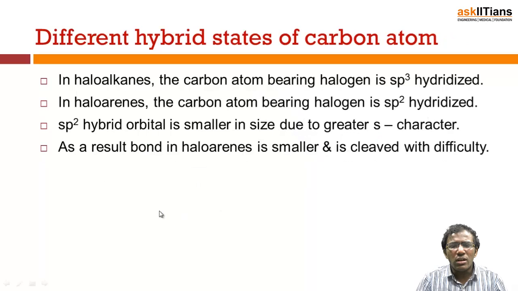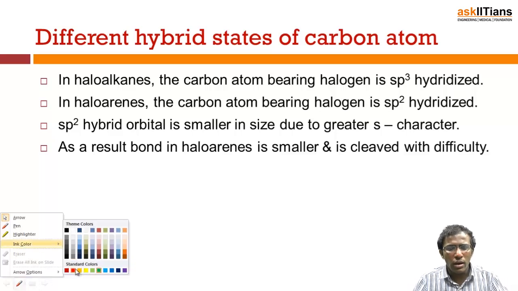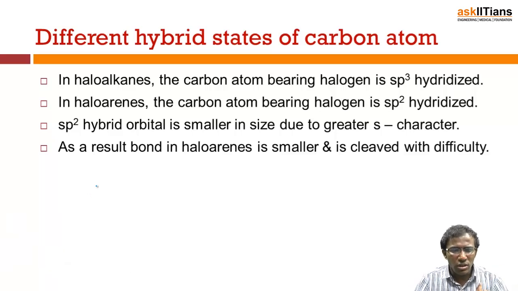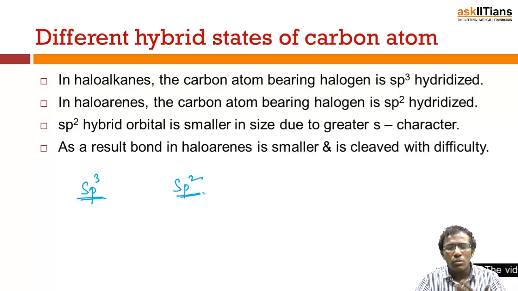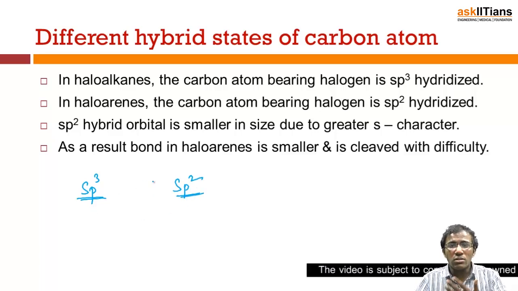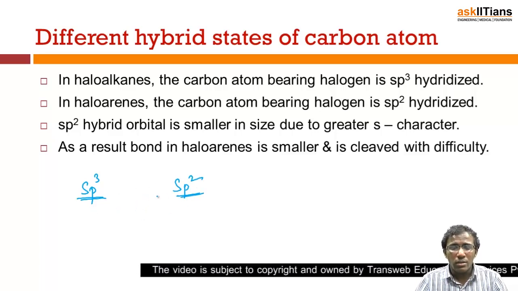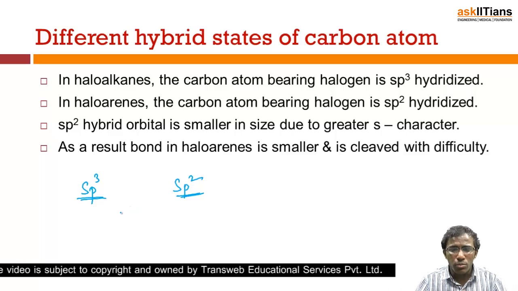The second is the different hybrid states of the carbon atom. If you compare the carbon of alkyl halide to the carbon of aryl halide, the difference is that in alkyl halide the carbon is sp3 hybridized, but in aryl halide it is sp2. This hybridization also makes the reactivity different for both of them.